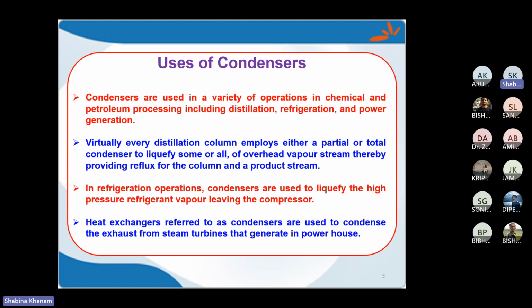So before pump, condensers are used. When the steam is thrown over the turbines, it runs the turbines, and so the power generation occurs, but during that turbine movement, part of the steam gets condensed.